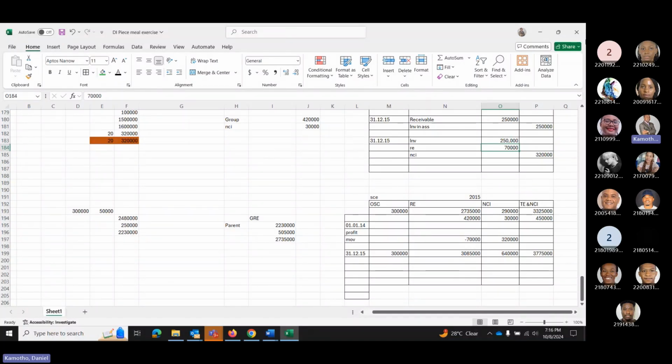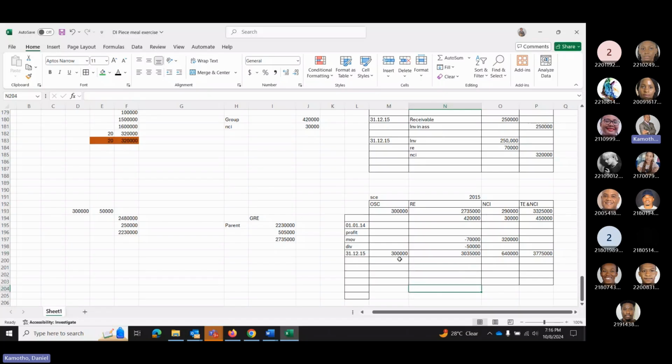And that's 70,000, but we also forgot something else. There were dividends that were paid, which we should have put there, which is 50. Were they 50? Yeah, they were 50,000. So that is how the figure is.